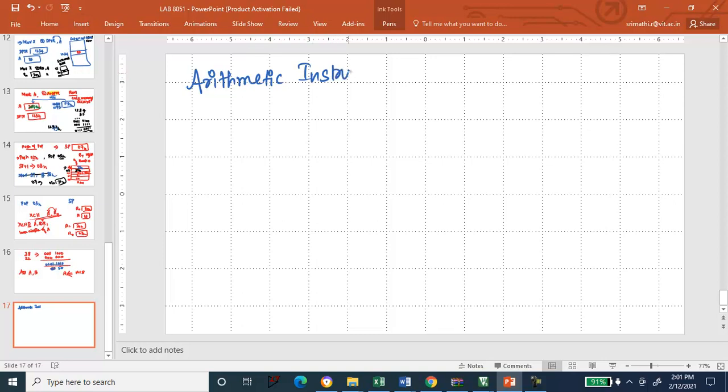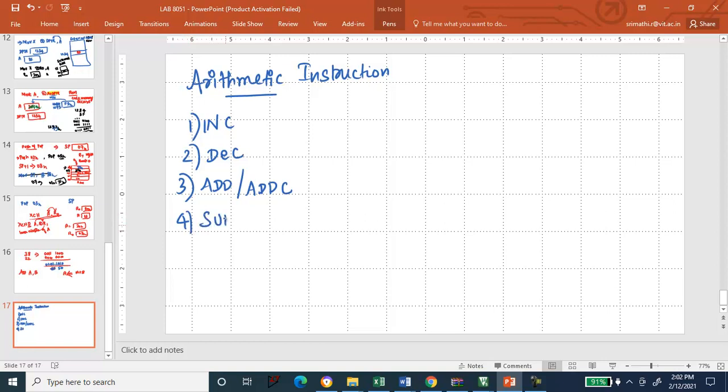So arithmetic instructions, we have: number 1 is increment, number 2 is decrement, number 3 is addition, add or add with carry, number 4 is subtraction, number 5 is multiplication, 6 is division, 7 is DAA, decimal adjust accumulator.